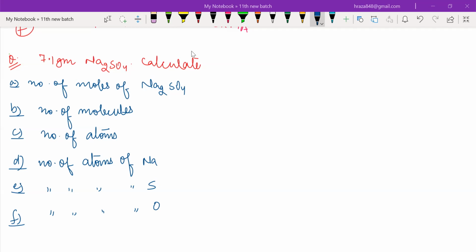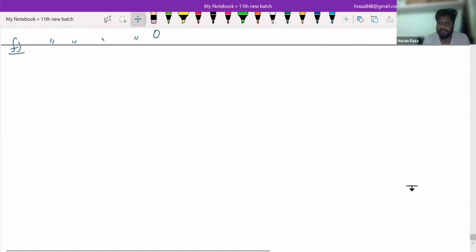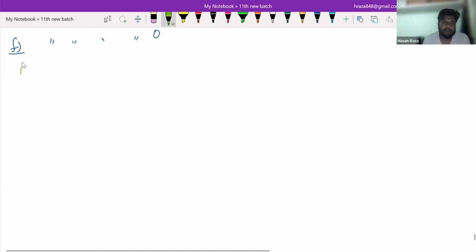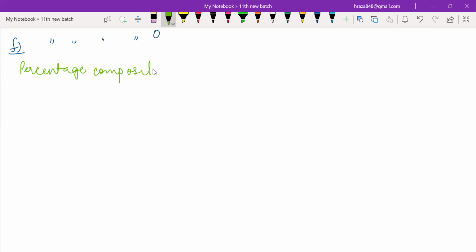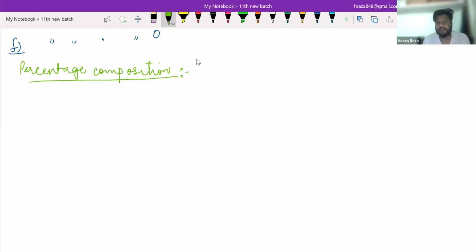Now we are going to see another topic, that is percentage composition. This percentage composition is basically weight by weight. We talk about how many percentage of any element present in a compound.